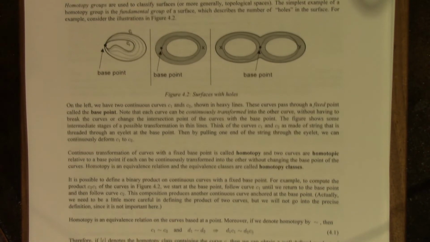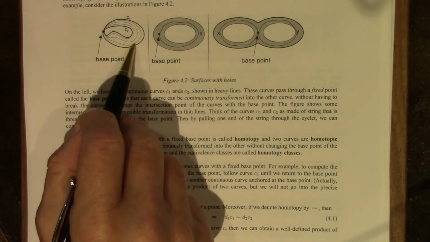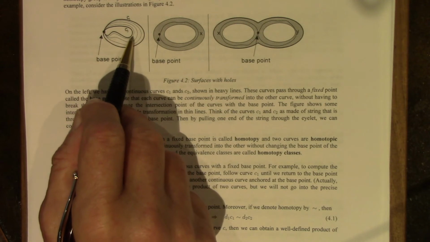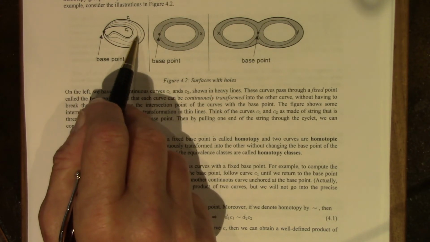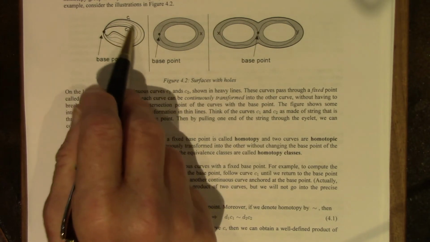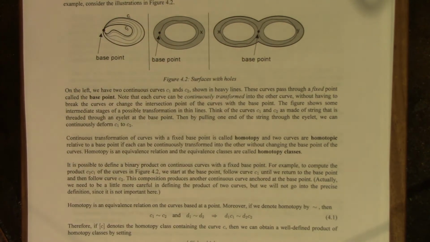I've shown some intermediate stages of that deformation here, just 3 of them. But it's a continuous deformation. If I put them all in, I just have to make the whole thing shaded. You can think of the curves C1 and C2 as made of string, and the base point as an eyelet.